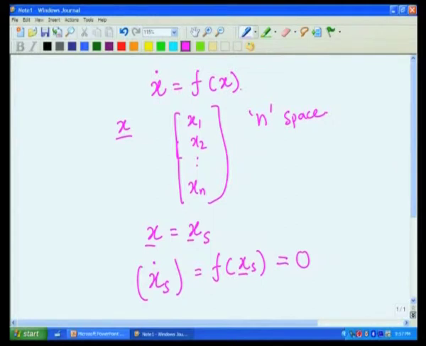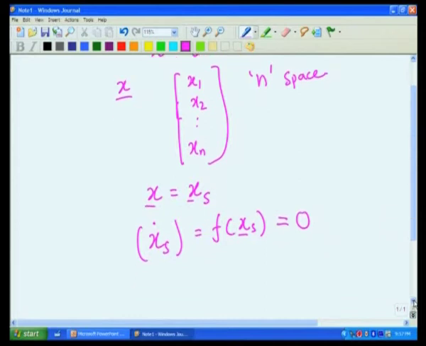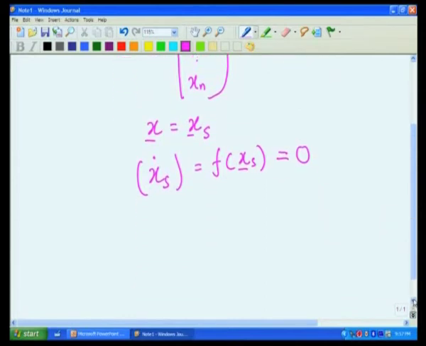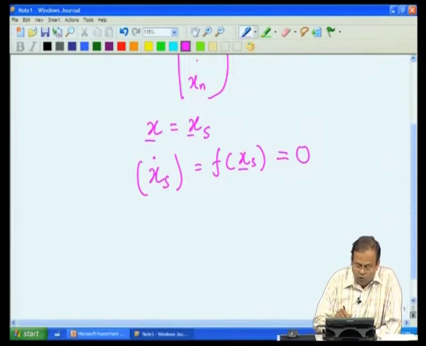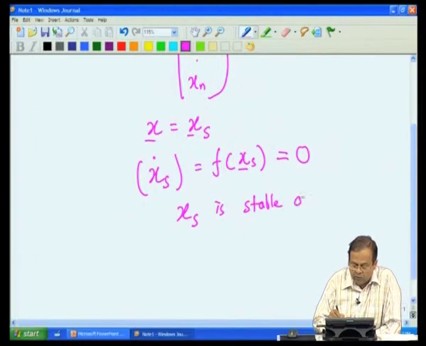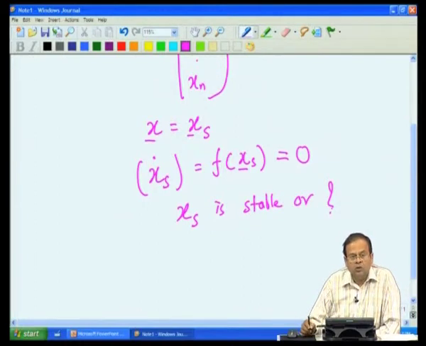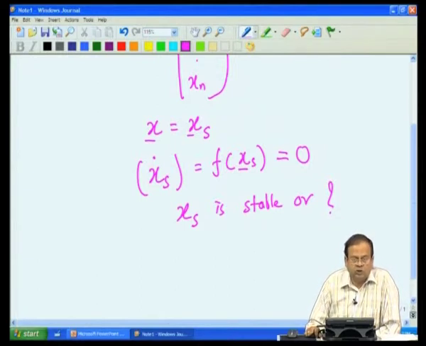That is, steady state implies that the dynamics has disappeared and we have reached a steady state which is invariant with time, and hence the time derivative is 0. So, we would like to know whether this steady state x s is stable or otherwise. This is the question that we are trying to answer in today's session.